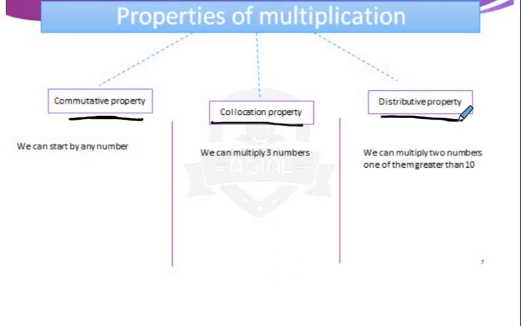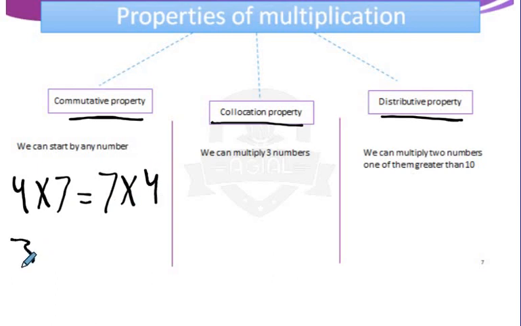Number 1, commutative property. We use it when we want to start by any number. In commutative property, we can start by any number. If you write 4 multiply 7 equals, we can write 7 multiply 4.